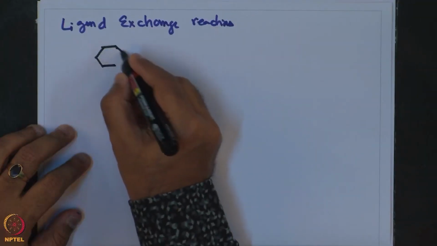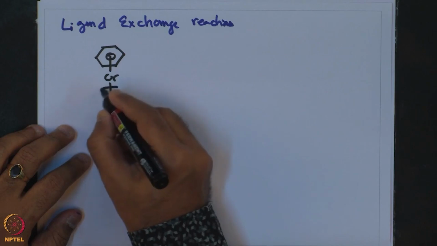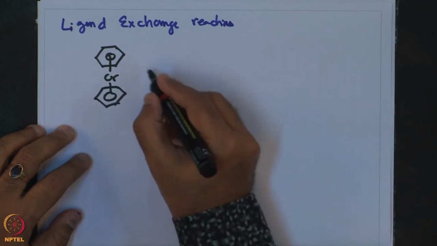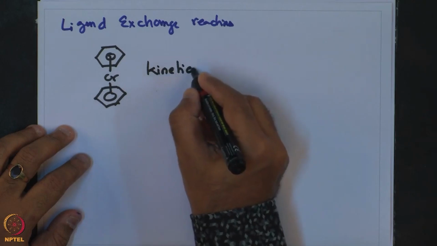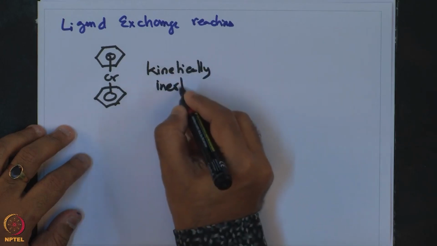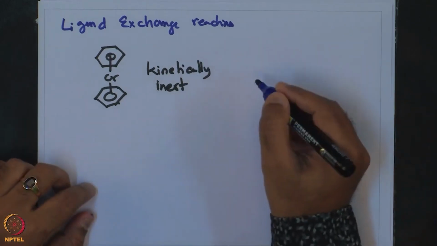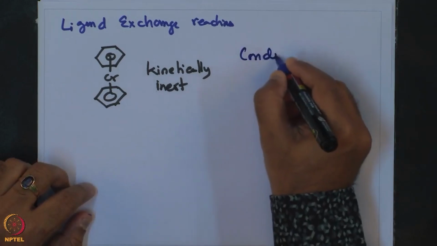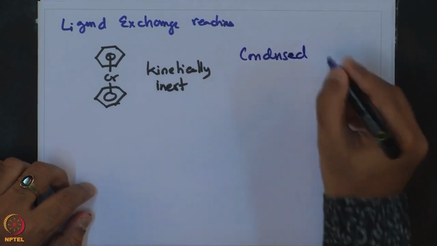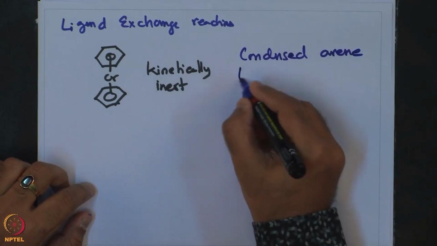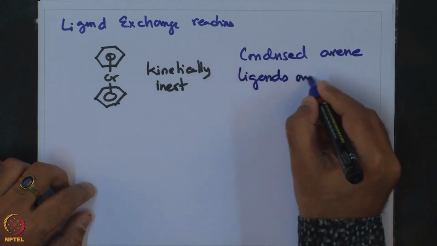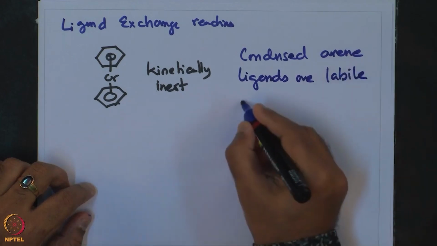For example, this bis-benzene chromium is kinetically inert, whereas condensed arene ligands are labile and can be exchanged.